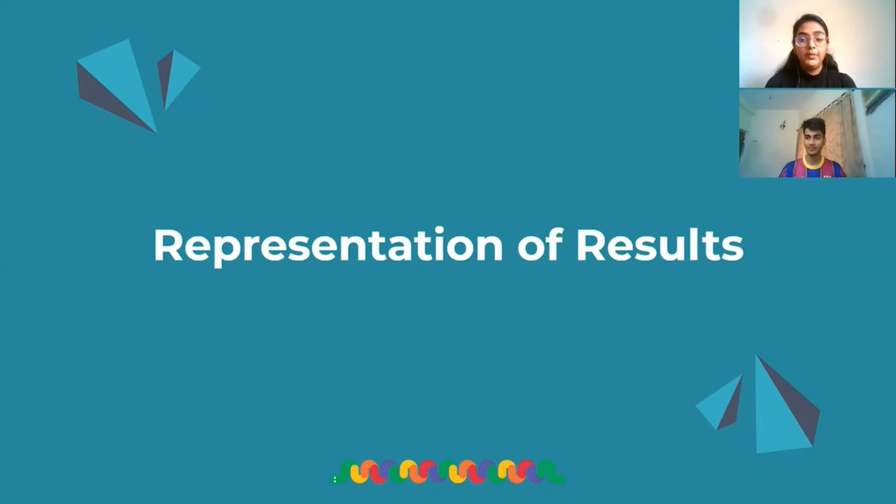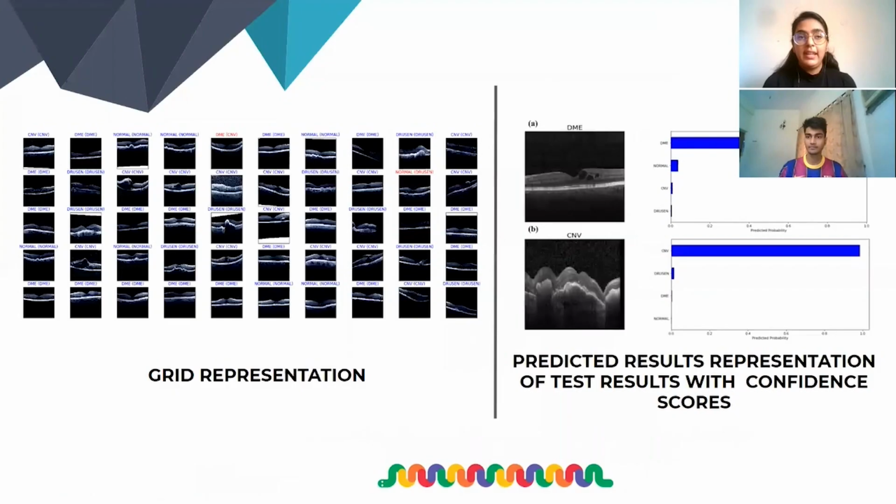Now, moving on with the representation of the results we got in all the steps that we performed earlier. I would like to tell you all that we made sure that we represent our results in two different formats. The first being the grid representation, which is a very important method of representation from the research perspective.